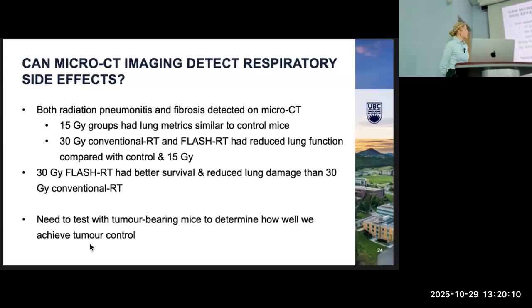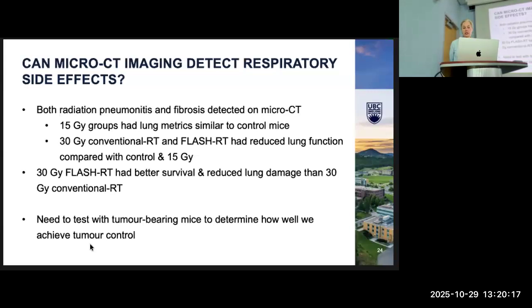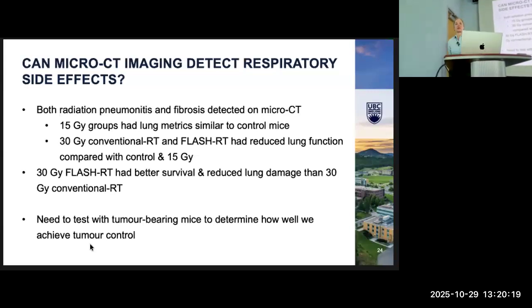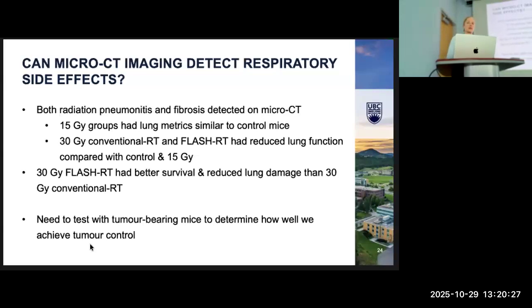And then what we would need to do next is to do some tumor-bearing mice. We haven't gotten to that stage of the project. So these were normal, healthy mice. We're showing a reduction in the side effects, but we also want to make sure that we're still achieving tumor control. So the next step would be with tumor-bearing mice.